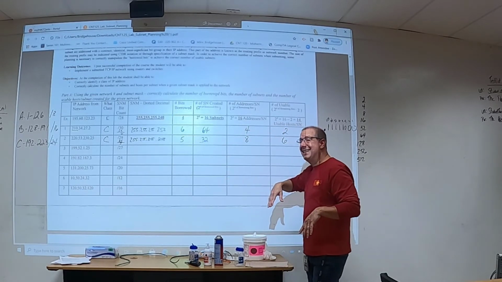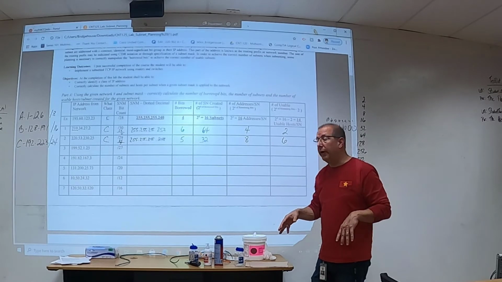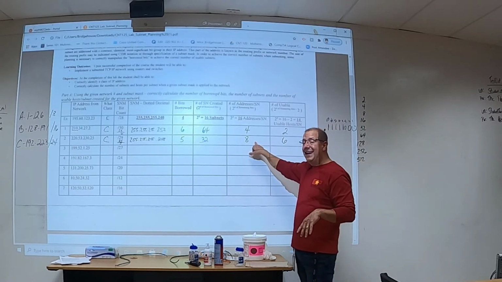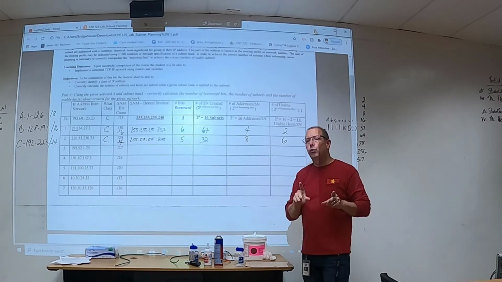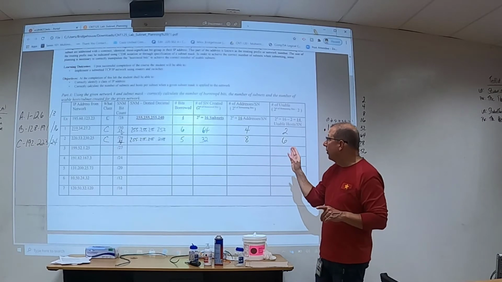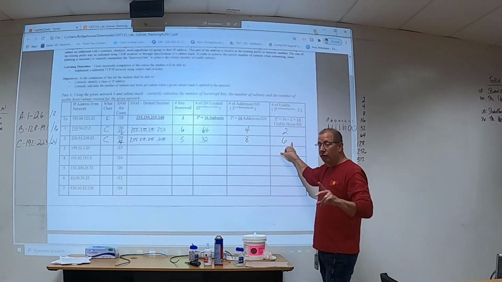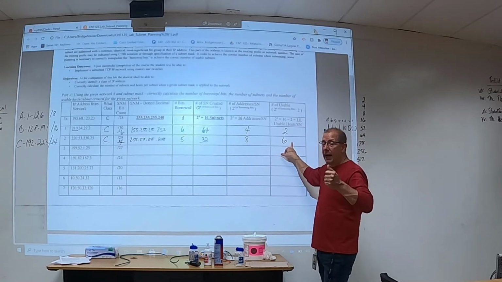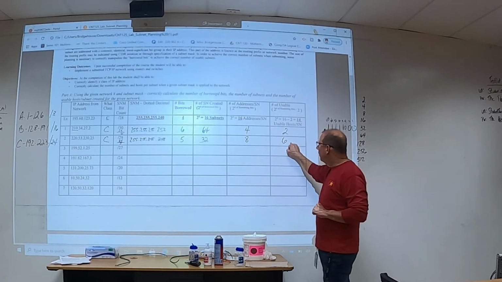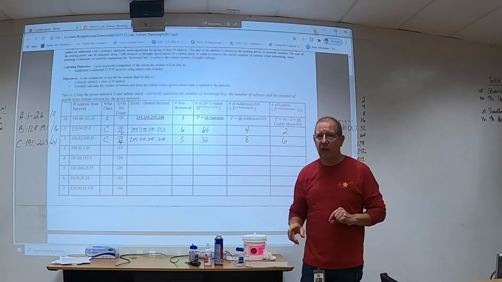The number of bits that I didn't borrow were 3 in that scenario, so therefore I have 8 total hosts on each one of my 32 networks. And I can't use the first and can't use the last, because one is the network address and one is the broadcast address, so I actually have a total of 6 usable hosts.